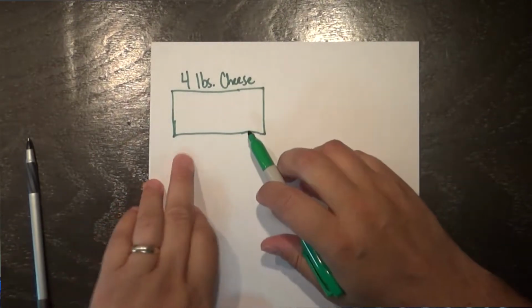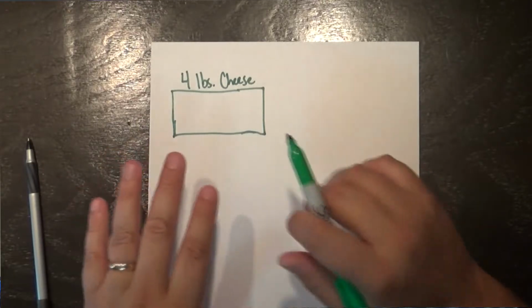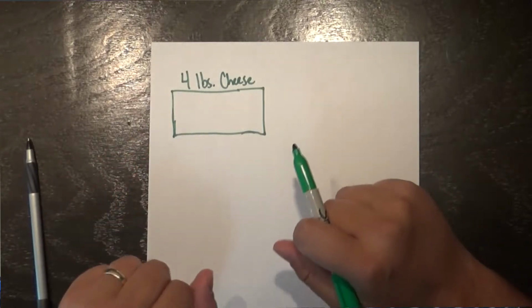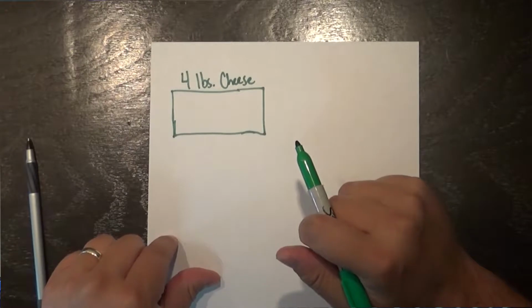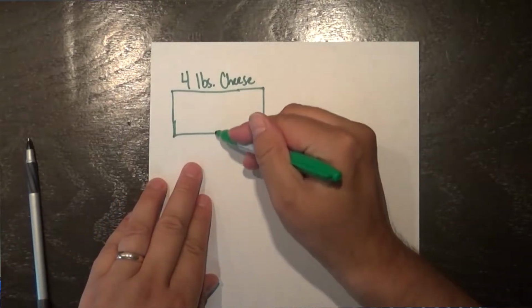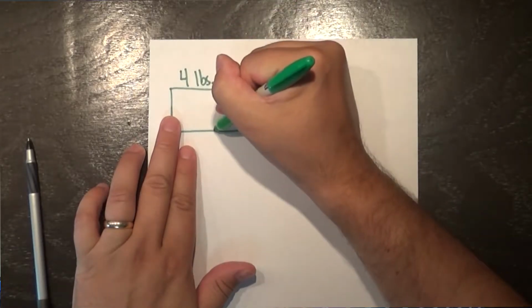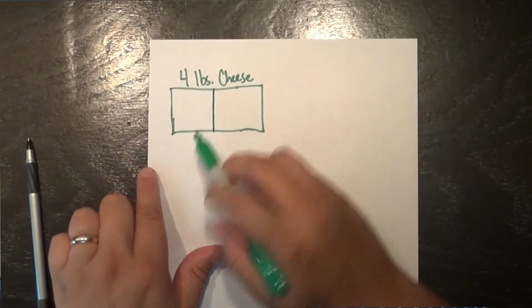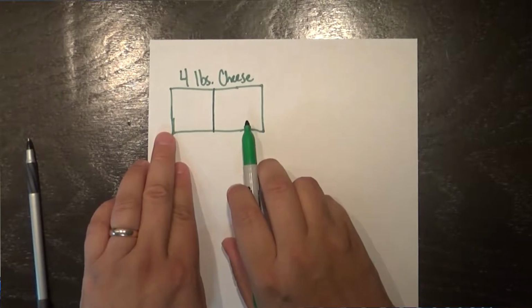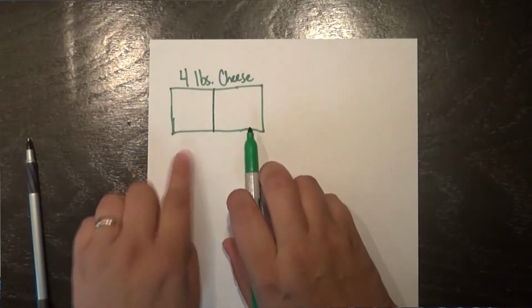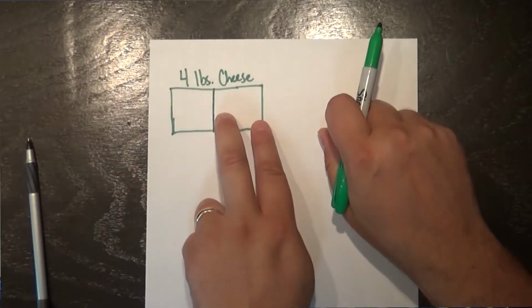I know that if this is 4 pounds of cheese, I can sort of visualize and break this up to show what 1 pound of cheese would be. All right, so if I split this right here in the middle, that would be 2 pounds of cheese. So let me do that. So that would be 2 slices, I guess, of cheese, right? So this would be 2 pounds, and that would be 2 pounds.